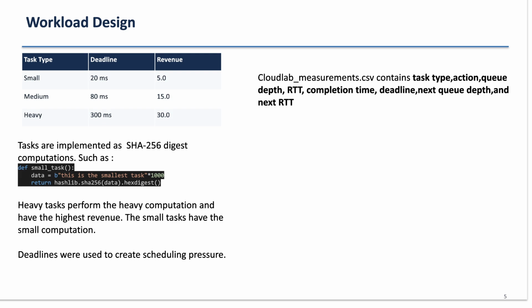The tasks are implemented as SHA-256 digest computation. For the small task, we compute the string with 1000 nonces and get the digest. The heavy tasks perform the heavy computation and have the highest revenue, and the small tasks have the smallest computation.